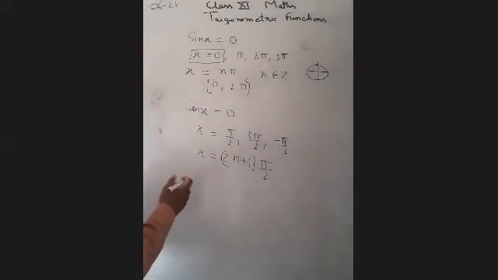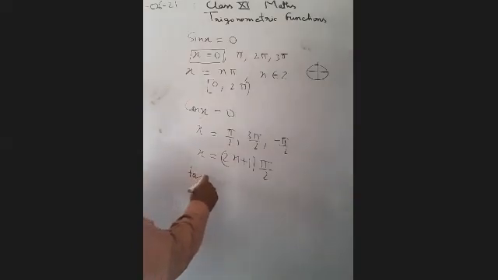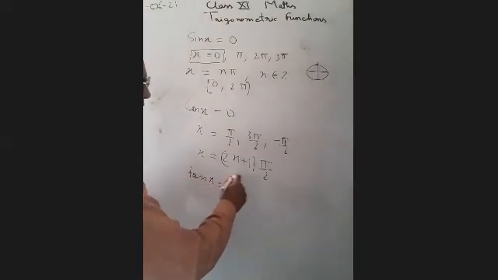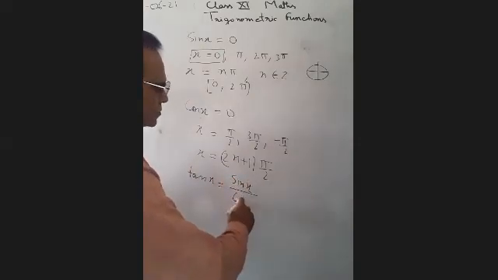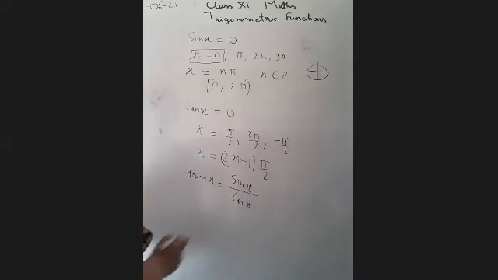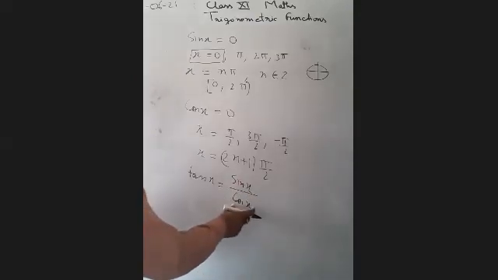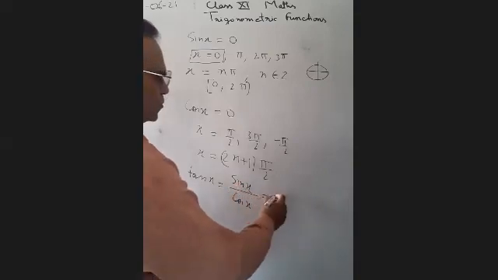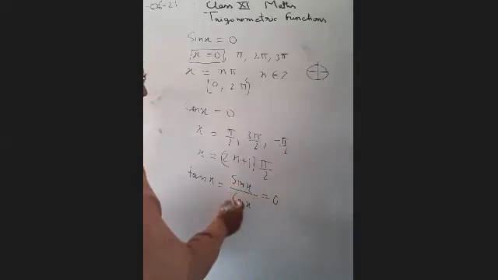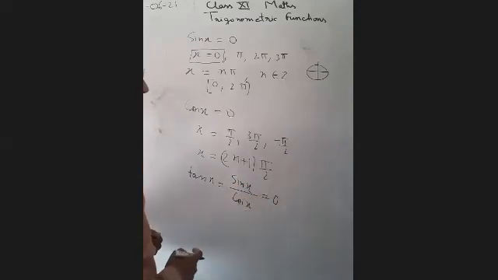Similarly, tan x. In case of tan x, you can write tan x is equal to sin x upon cos x. Okay, so the denominator should not be 0. If the denominator is not 0, then tan x equal to 0 gives sin x equal to 0.